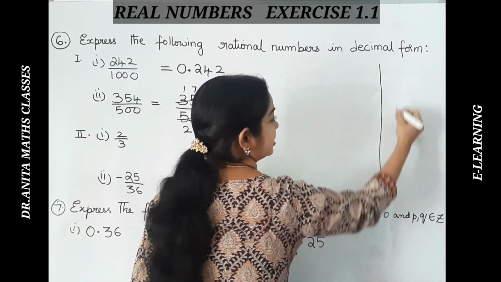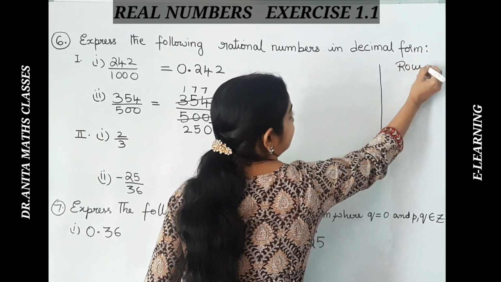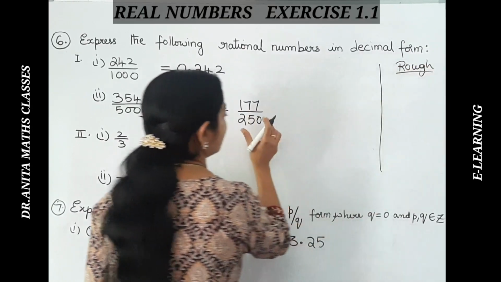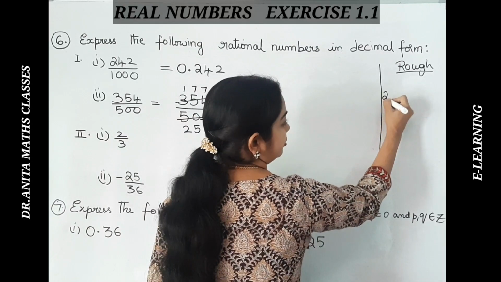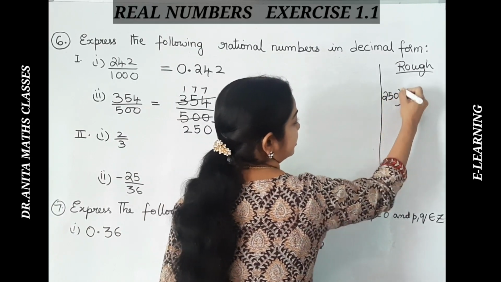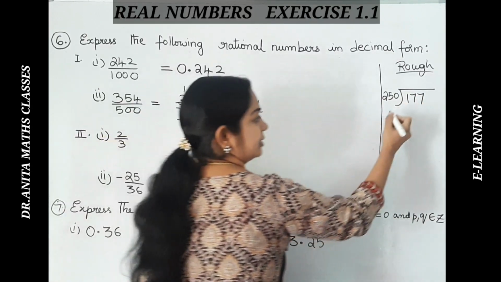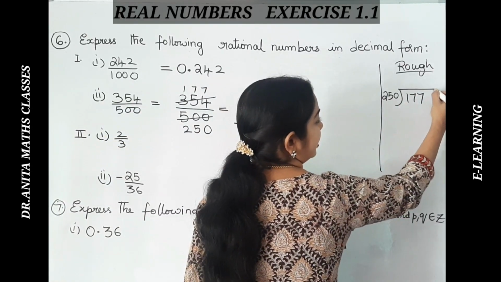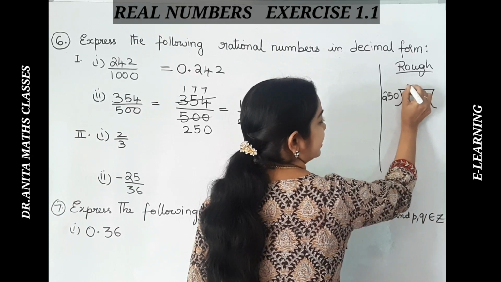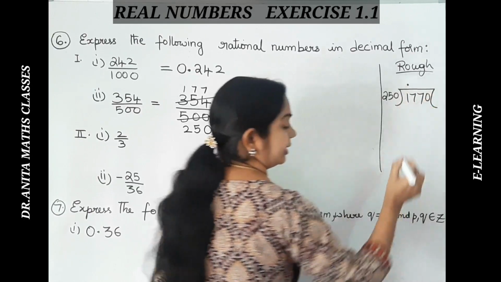So let us do it in the rough part, just doing the normal division. 250, let us do 177. Here this is the lesser value. You can take a 0 by placing a decimal point and take 1 0.